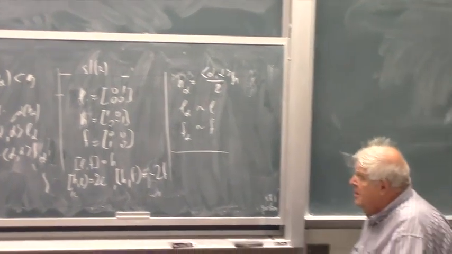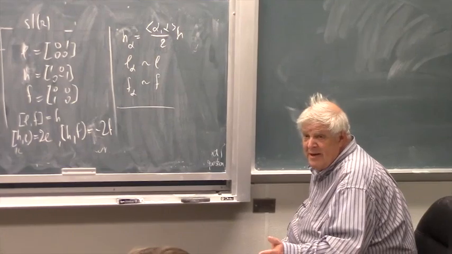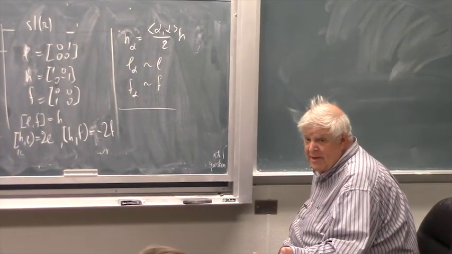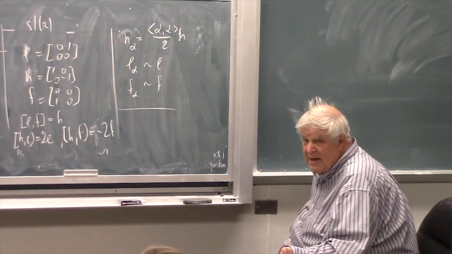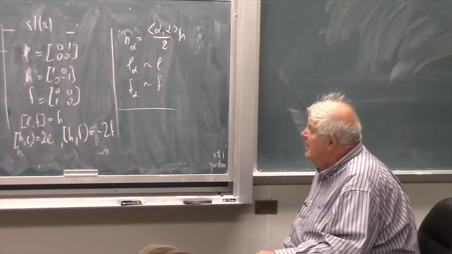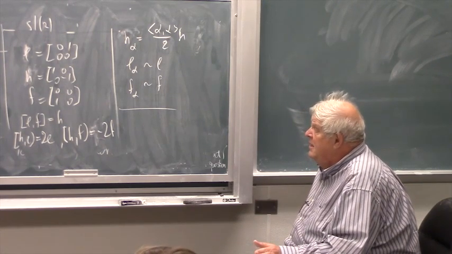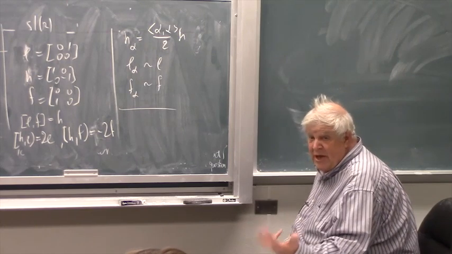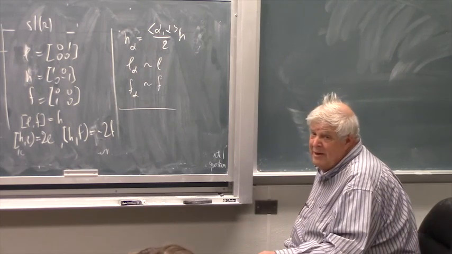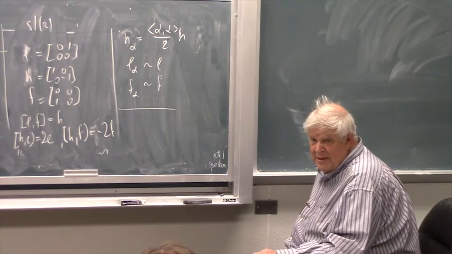By this reason, since any subalgebra of a Lie algebra acts in it by the adjoint representation, right? By this reason, G itself becomes an SL2 module in many different ways.